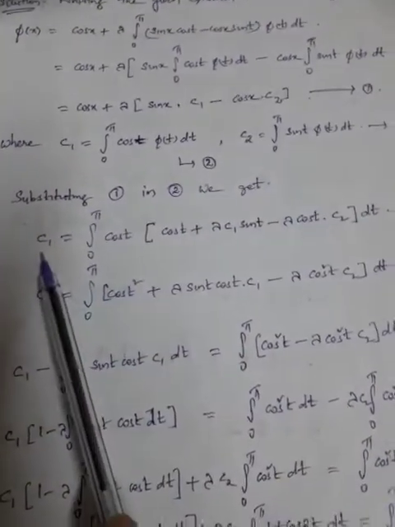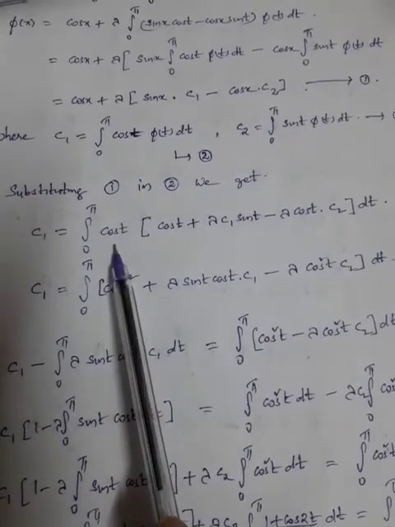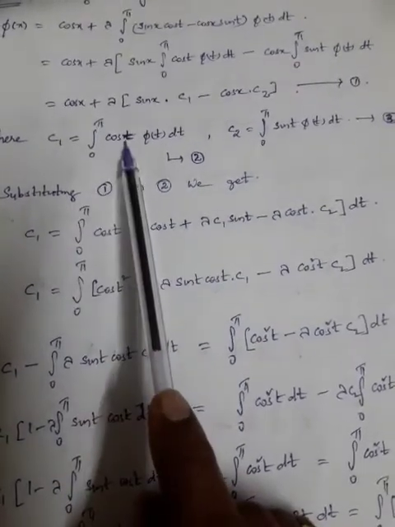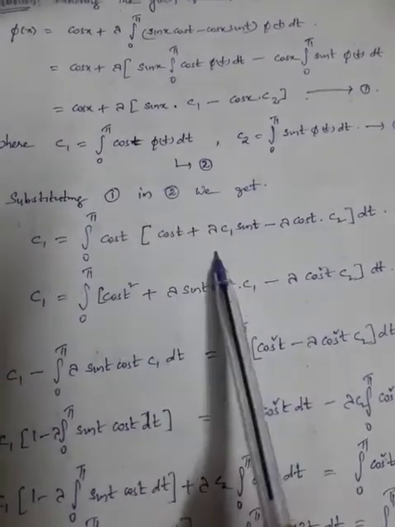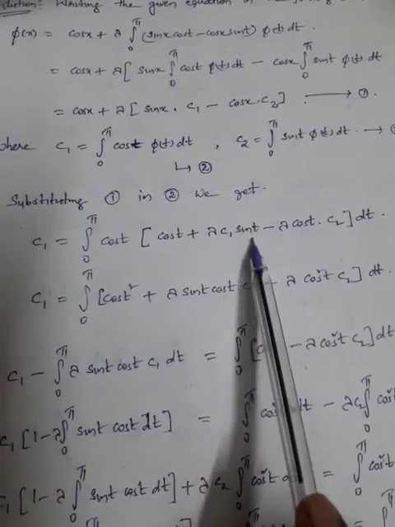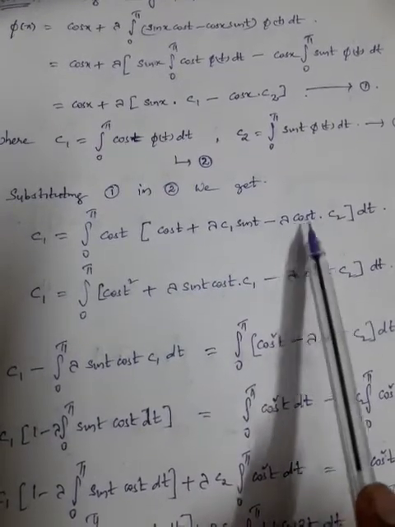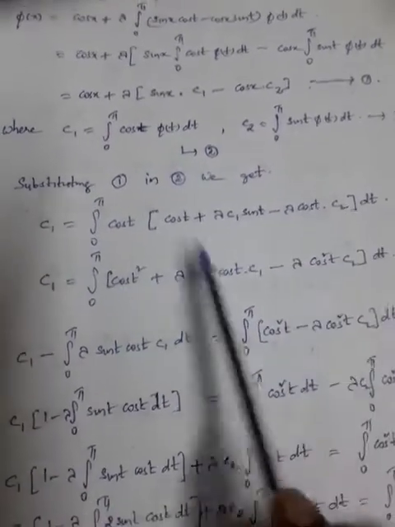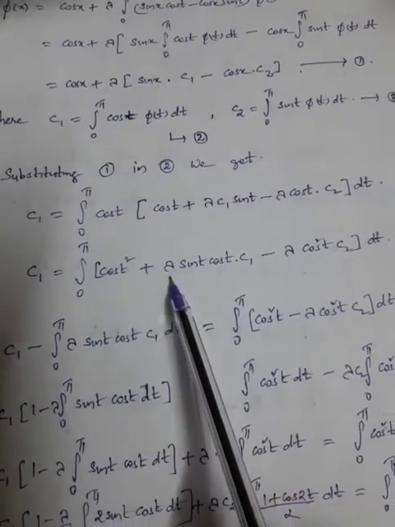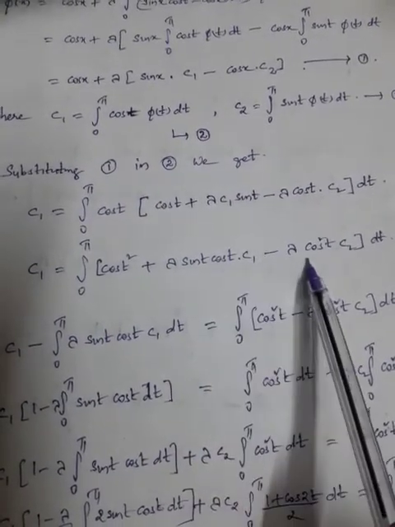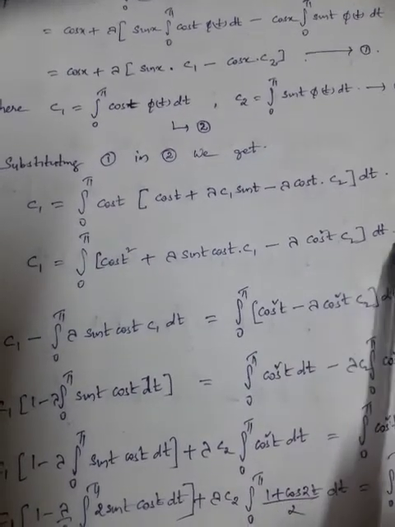So you will get c1 equals the integral from 0 to pi of cos t times (cos t plus lambda c1 sin t minus lambda cos t c2) dt. Now multiplying cos t inside, you will get cos square t plus lambda c1 sin t cos t minus lambda c2 cos square t dt.